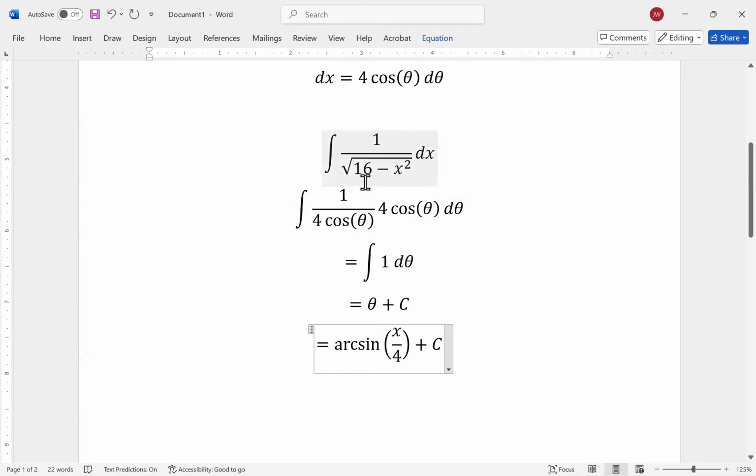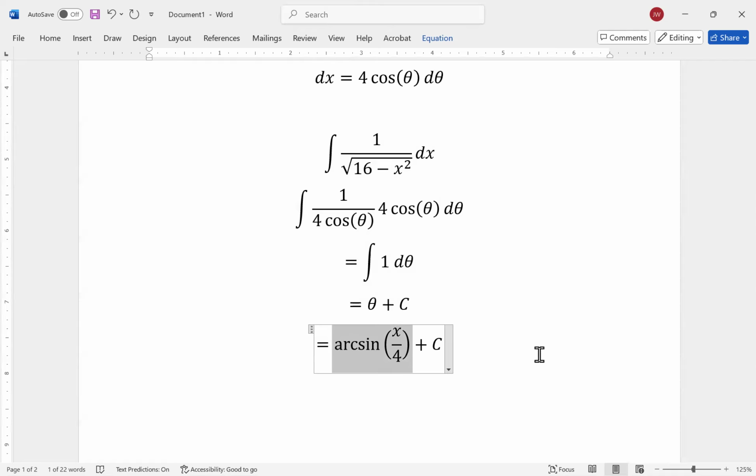So 1 over the square root of 16 minus x squared integrated with respect to x gives me the arc sine. Once again, I'll just point out that is pretty surprising because we have this square root of a polynomial and I end up taking the antiderivative, and the antiderivative of that is some inverse trig function.